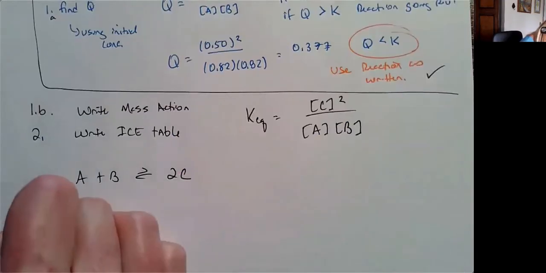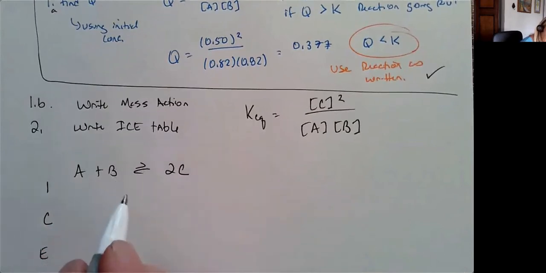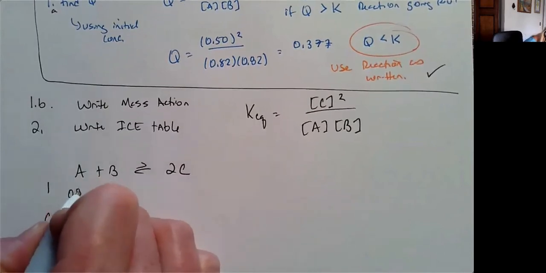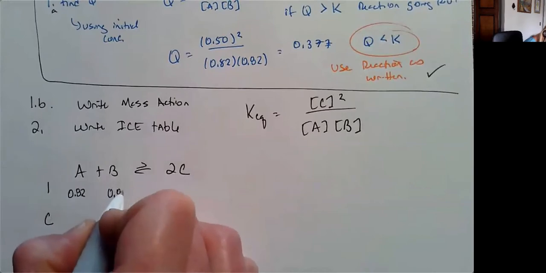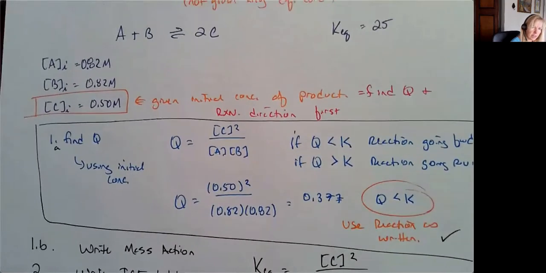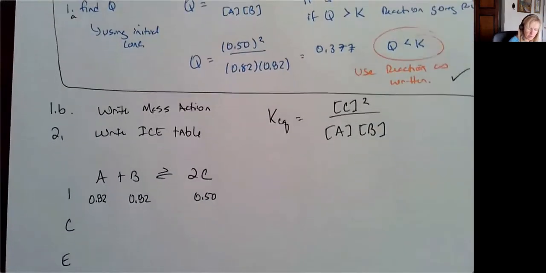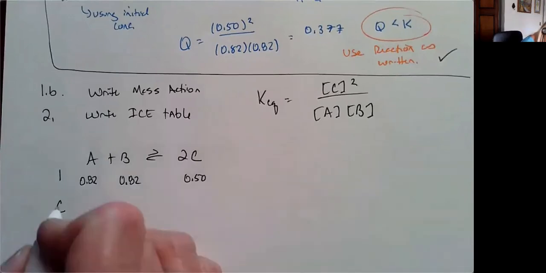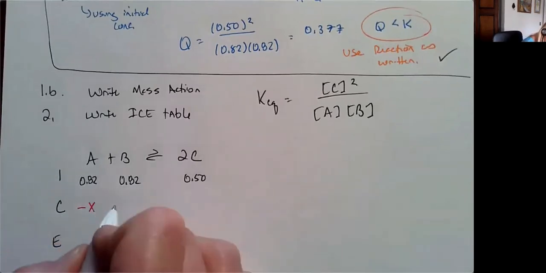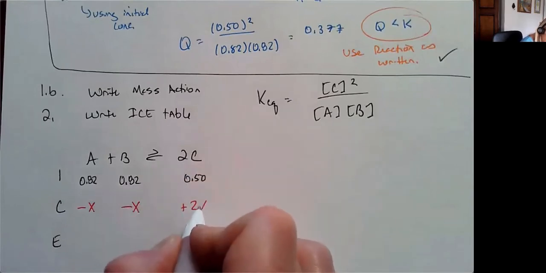I'm going to have an initial, I'm going to have a change, and I'm going to have an equilibrium. So my initial concentrations are 0.82, 0.82, and 0.50. And that was in my initial set of conditions here that I gave myself. Now I'm going to look at what my changes are. So this is going to go down by 1. This is going to go down by the same amount, and this is going to go up by 2 times that amount.